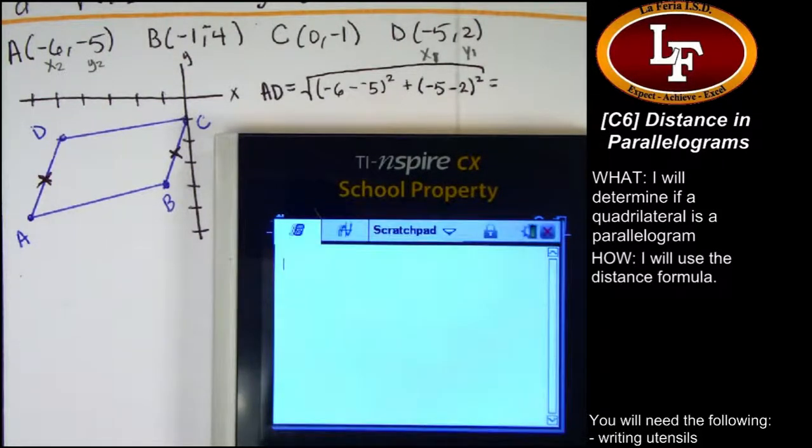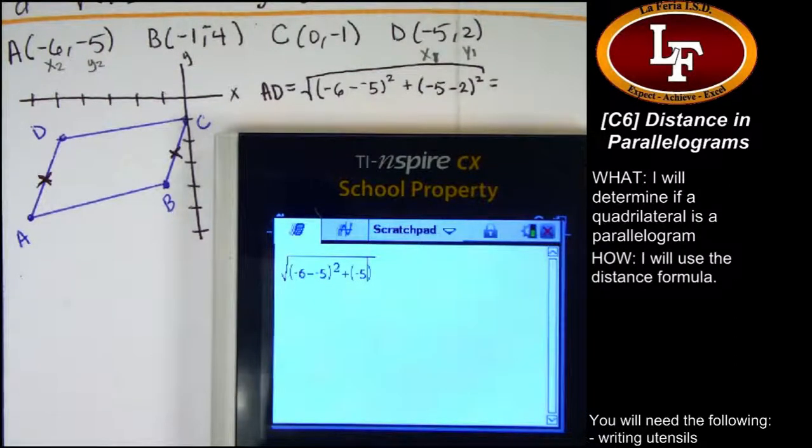So I push the little calculate button, and I'm literally going to type what I see here on my paper. So the square root of, open parenthesis, -6 minus -5, close the parentheses, square that. Then add, and notice that your square root bar is still going. That's a good thing. You want it to continue because we're still under the square root bar.